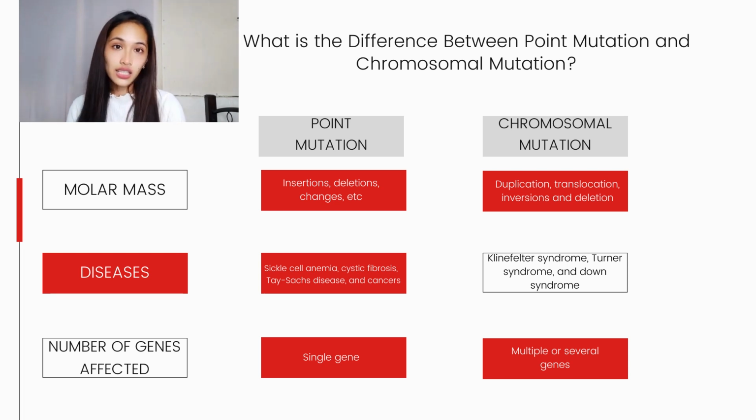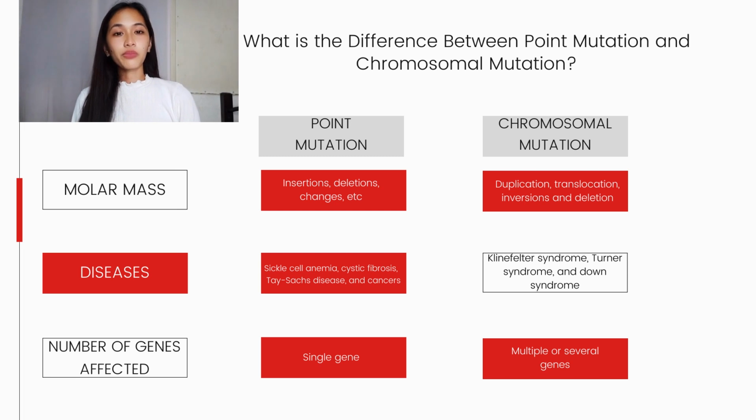Sickle cell anemia, hemophilia, cystic fibrosis, Huntington's disease, Tay-Sachs disease, and cancers are some of the diseases that occur due to point mutation. On the other hand, Klinefelter syndrome, Turner syndrome, and Down syndrome are some syndromes that occur due to chromosomal mutations.